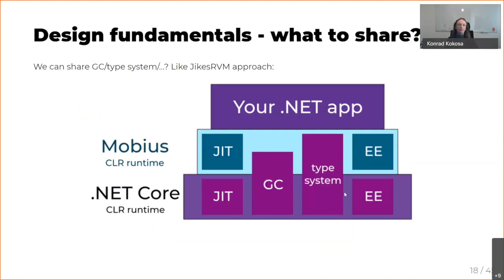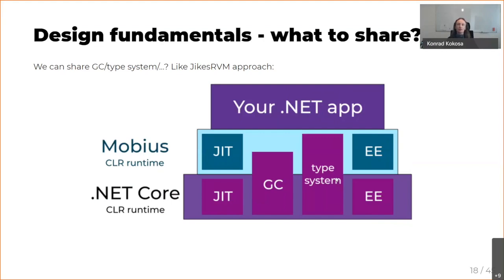And then some fundamental questions. For example, if I have two runtimes, what will I share between them, like JikesRVM is sharing something, the Java running on itself. In the case of Mobius, I could also think about sharing some information, like, for example, I could reuse the whole type system at runtime from .NET Core, or I could think about sharing some memory and sharing some GC maintenance of the memory between those runtimes.